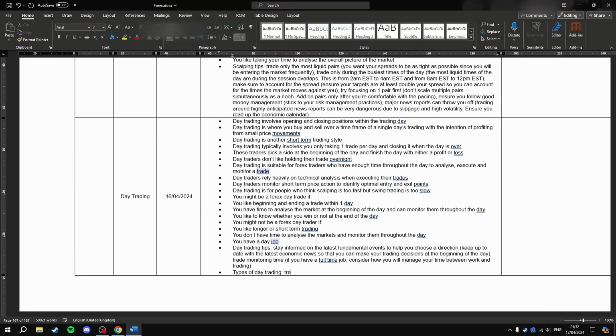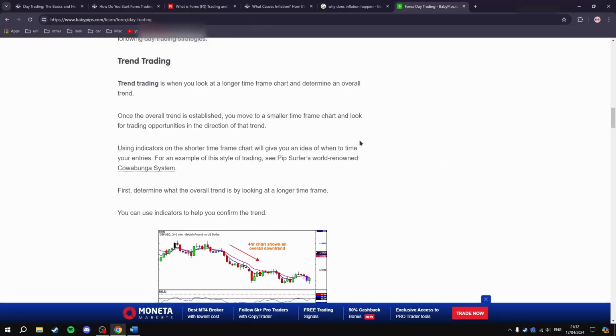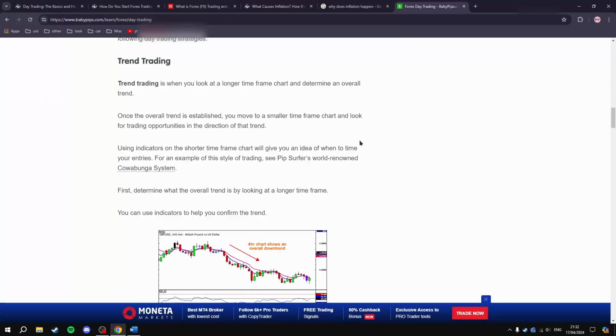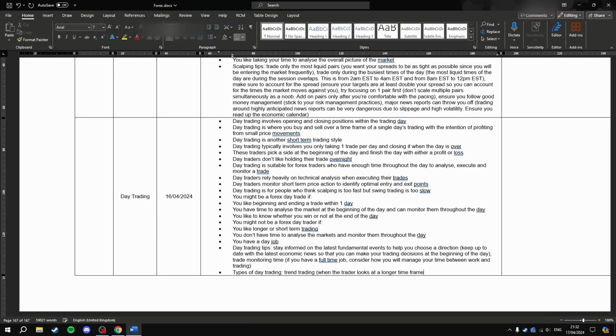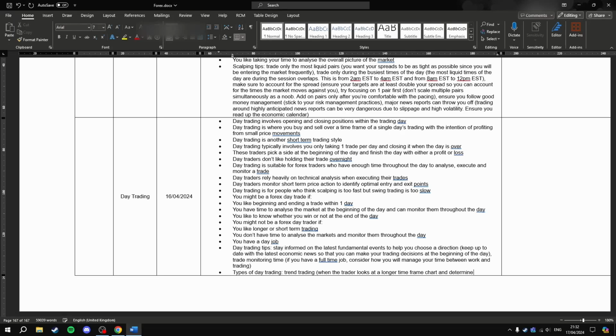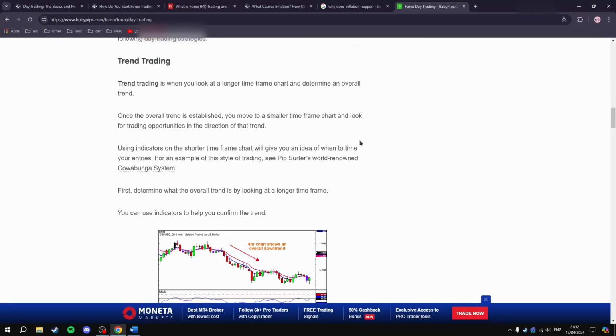So that's trend trading. This is when the trader looks at a longer time frame chart and determines an overall trend.